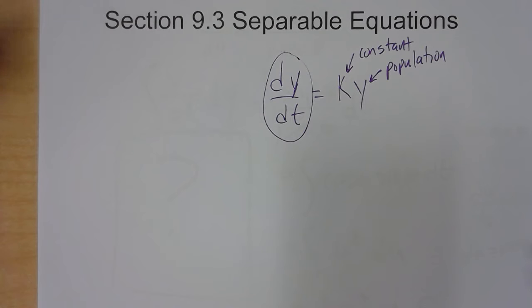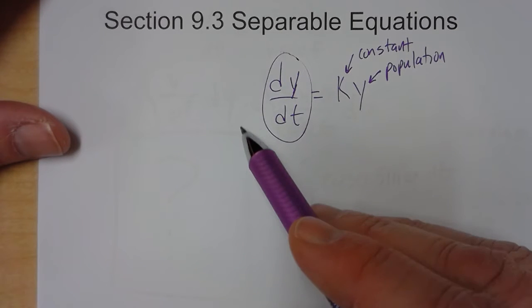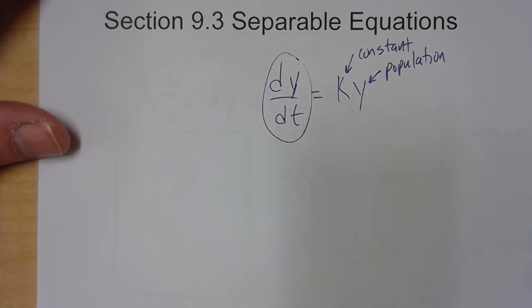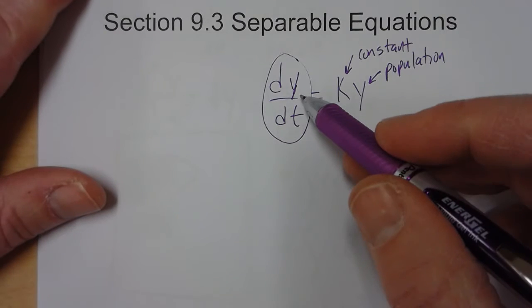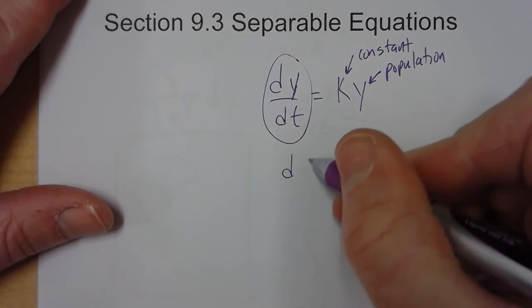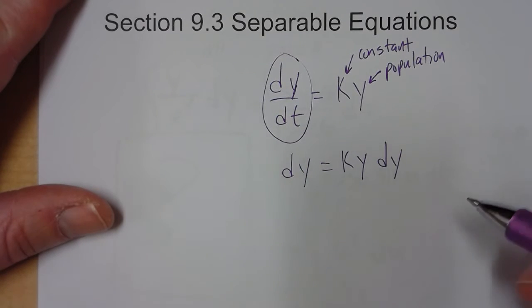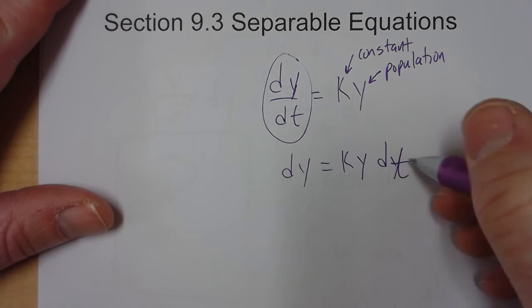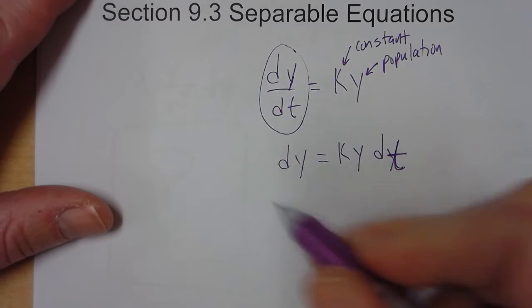So what do we do? We get the y's on one side, and then we get the t's on the other side of the equation, or the x's, depending upon the kind of equation it is. So we're going to multiply the dt over. So dy is equal to ky dt. And then we're going to divide the y over.